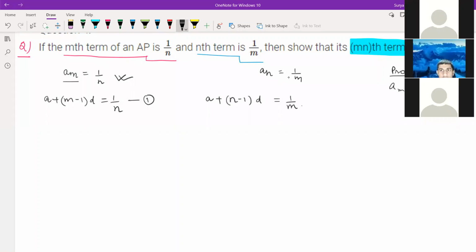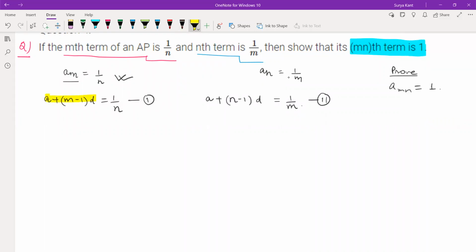It's clear? This is the second equation. By the help of these two equations only we have to get the answer. This one we have to prove.